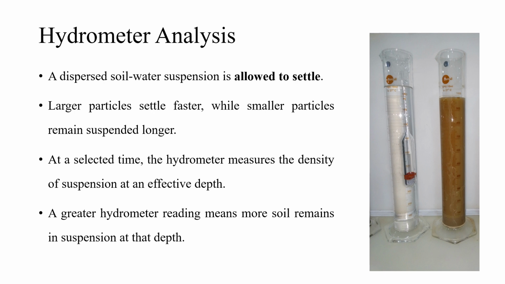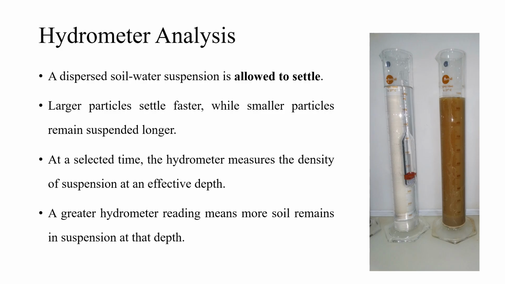So in hydrometer analysis, first a dispersed soil water suspension is prepared and allowed to settle in a sedimentation jar, as shown in the figure. According to Stokes' law, larger particles settle faster while the smaller particles remain suspended for a longer time.